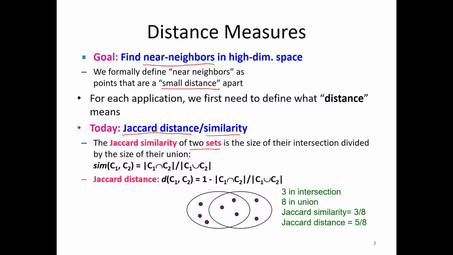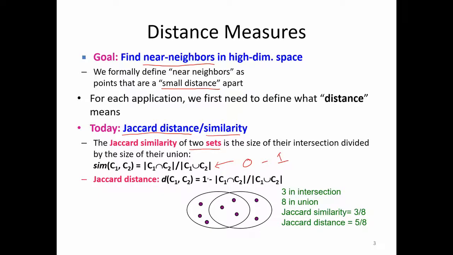This has the property, as you can understand, that it lies between 0 and 1. The maximum value is 1 and the minimum value is 0. The maximum value of 1 is achieved when the two sets are identical.